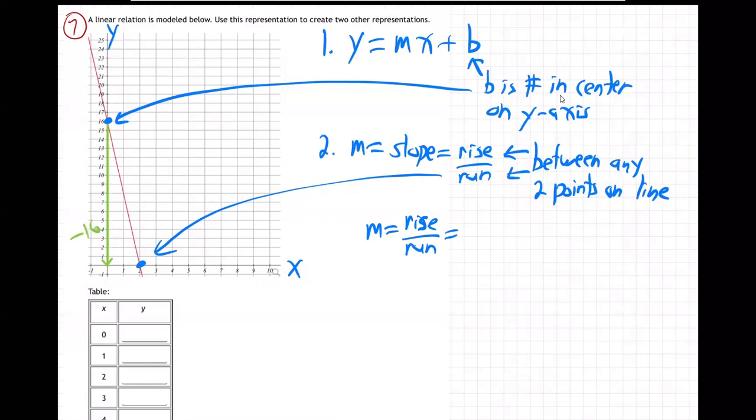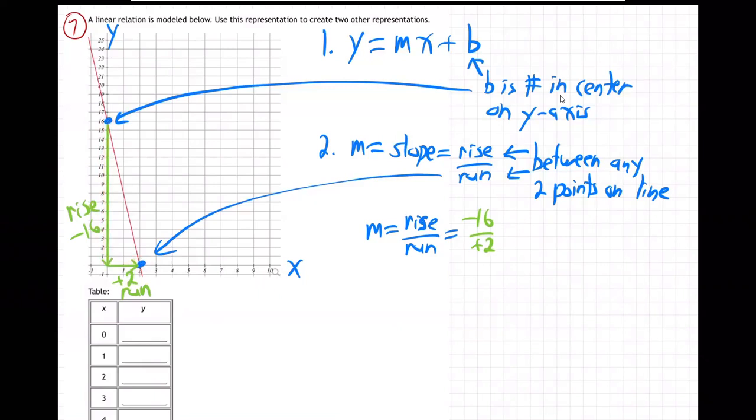Down 16 and over 2. So that makes sense what happened there. This is the rise and this is the run. So when we talk about rise and run, we mean between two points like that. So between these two points, the graph goes down 16 over 2.